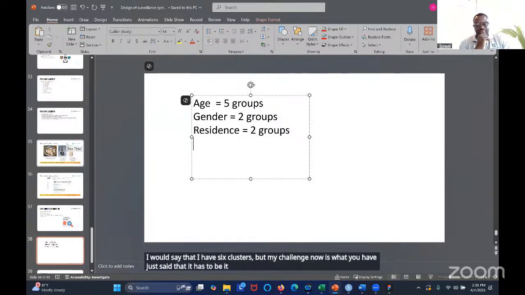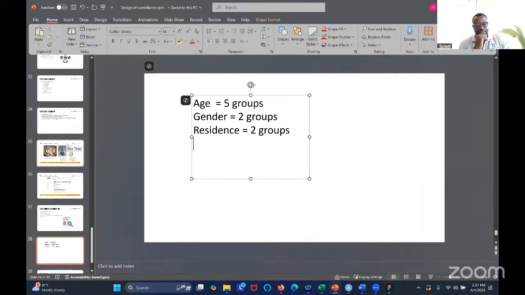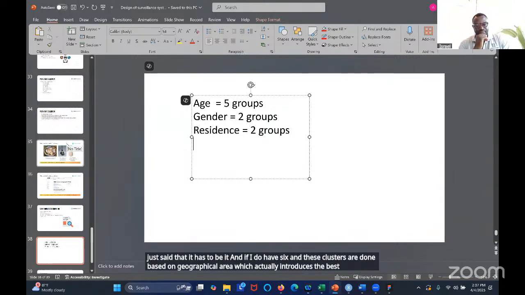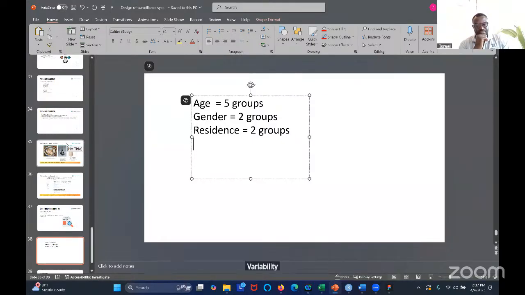And if I do have 6, and these clusters are done based on geographical area, which actually introduces the best form of variability in terms of the data, I don't know how I could get 8 clusters from the country.